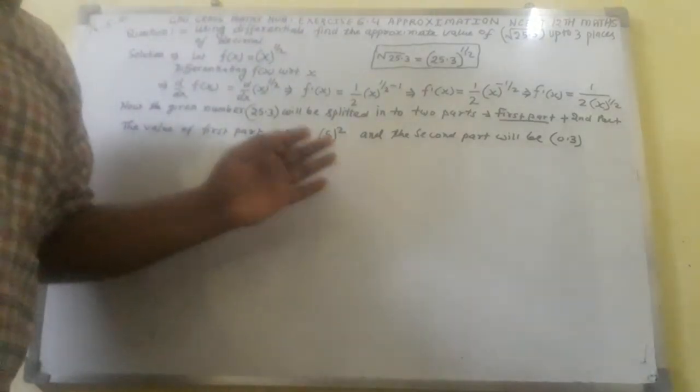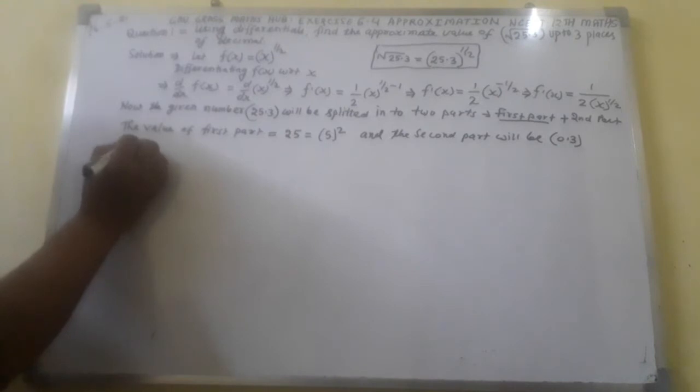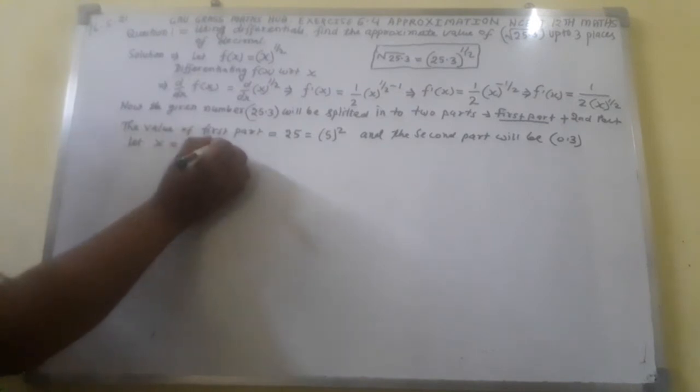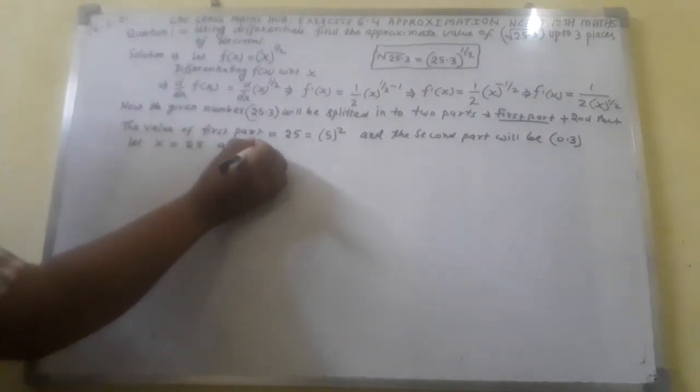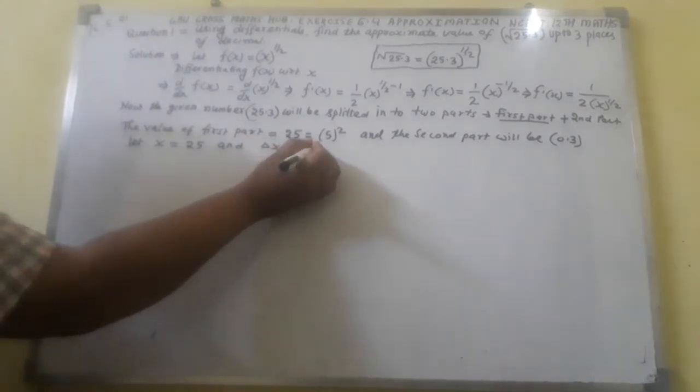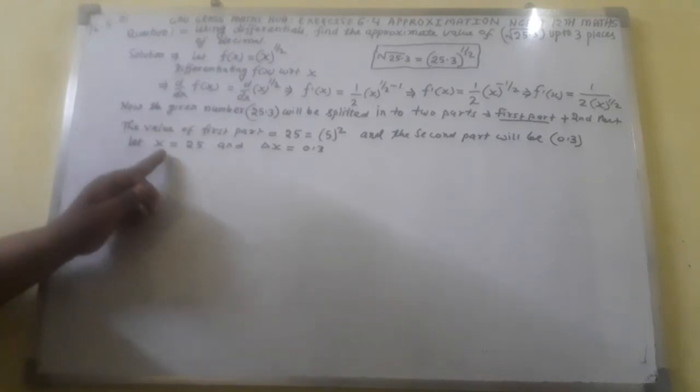First part will be this one. So what should I write here? Here I shall write again, let x equal to 25 and delta x equal to 0.3. This way write. First part x equal to 25 I have written.